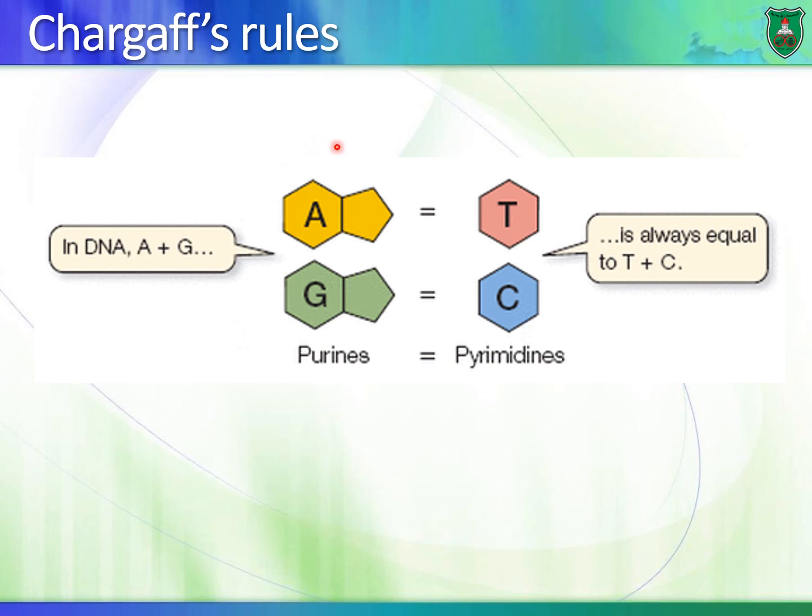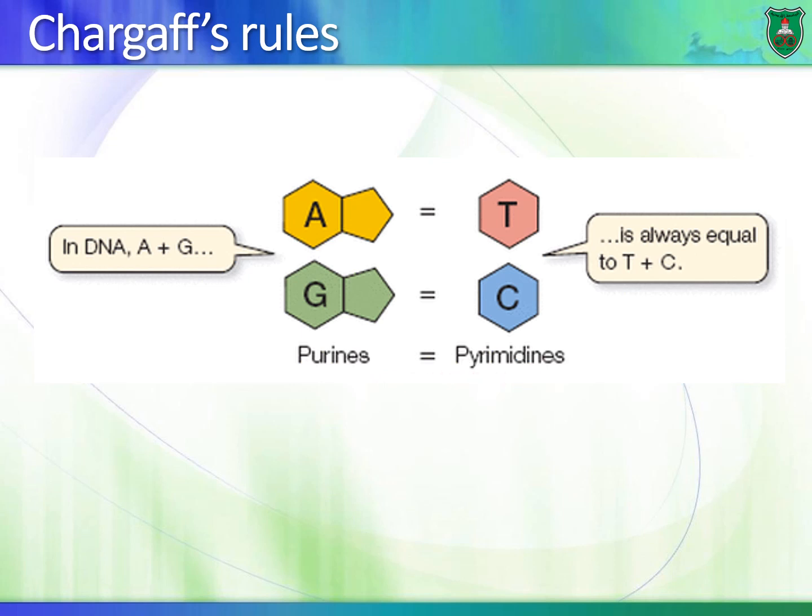And the number of purines is always equal to the number of pyrimidines. But it's not necessarily that the number of A's and T's would be equal to the number of G's and C's, by the way. So again, A is equal to T, G is equal to C, and purines are also always equal to pyrimidines.